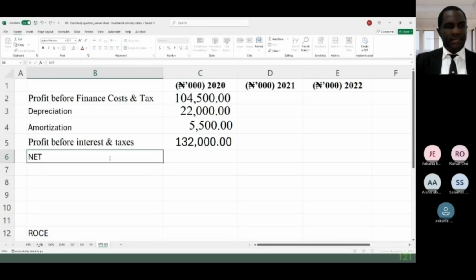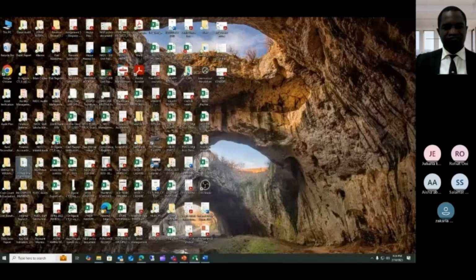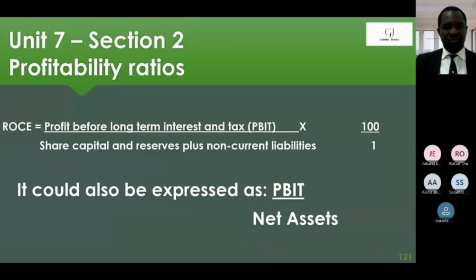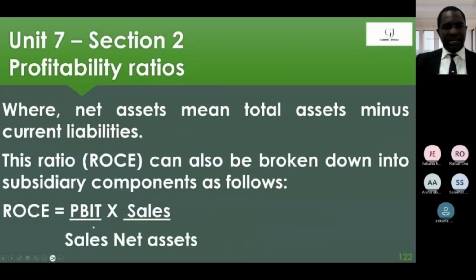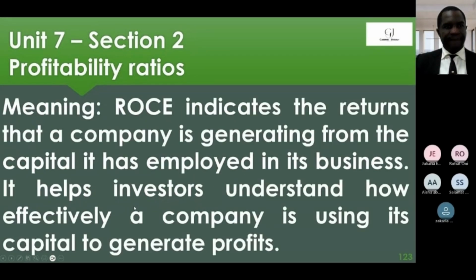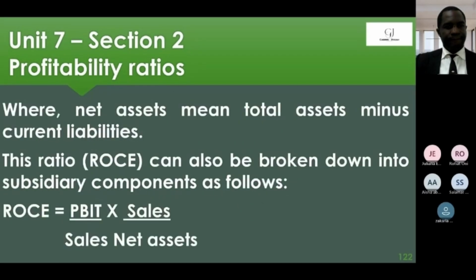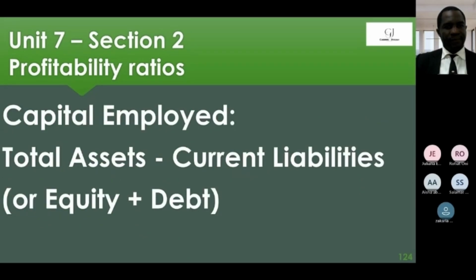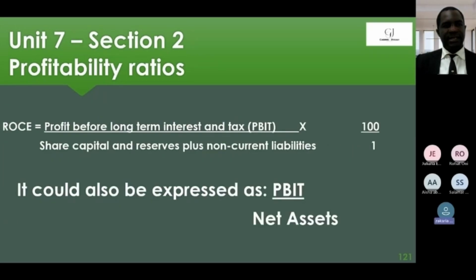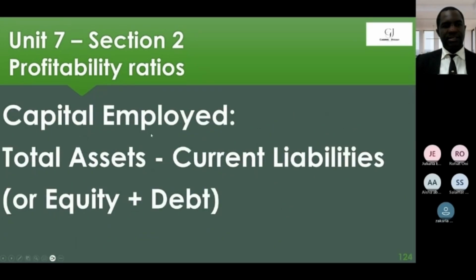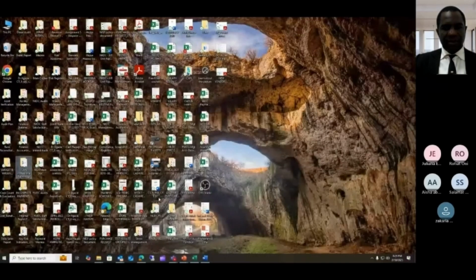So let's do our net assets. Based on the formula, net assets is total assets less current liabilities, which is also capital employed. Let's pick our total assets now.